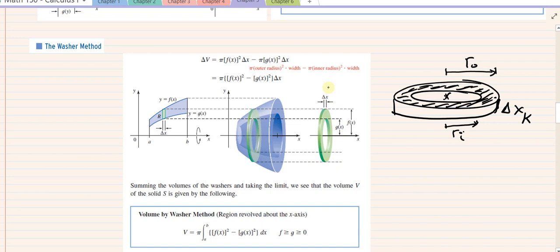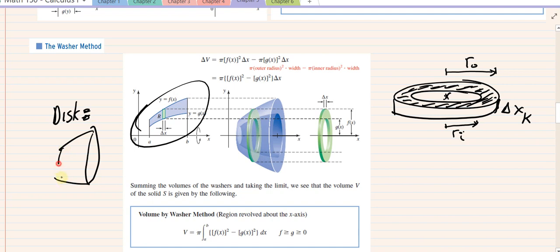And in fact, you can use discs for these also. If you use discs, you need to use outside discs. So if I use discs instead of washers for this particular example, my volume is going to be for the outside, so I'm thinking this region first, which is solid, no hole inside.